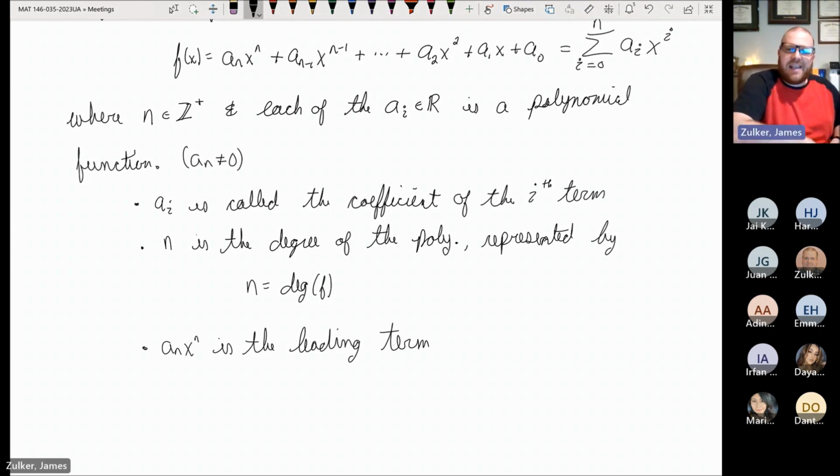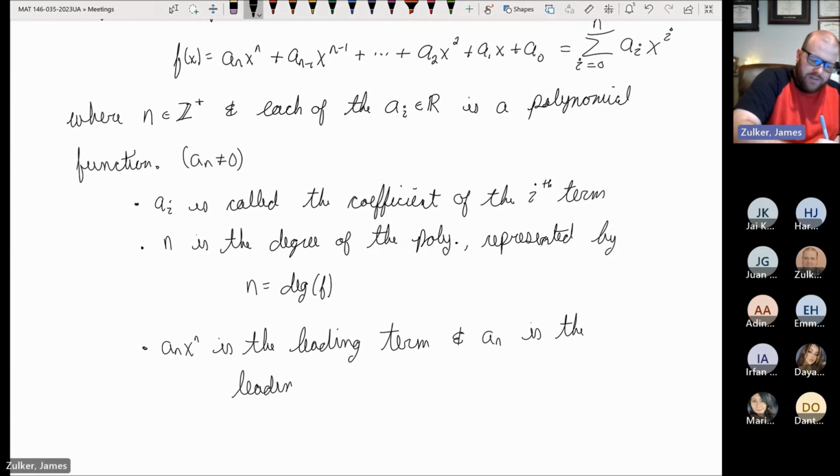A sub n times x to the n is the leading term. A sub n is the leading coefficient.